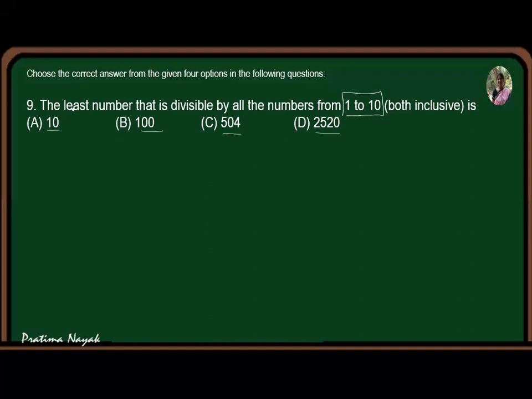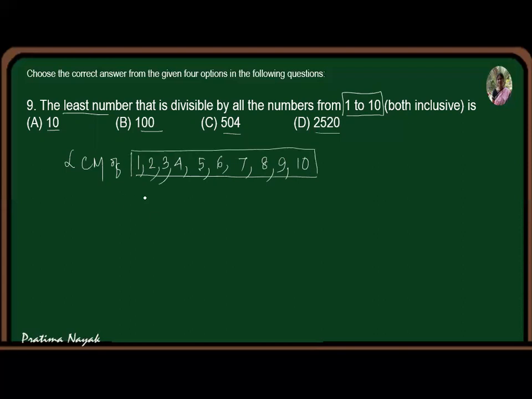That means to find your least number, you find the LCM of 1, 2, 3, 4, 5, 6, 7, 8, 9, 10. You'll find the LCM of all these. Can you find it? Yes, you can find it.